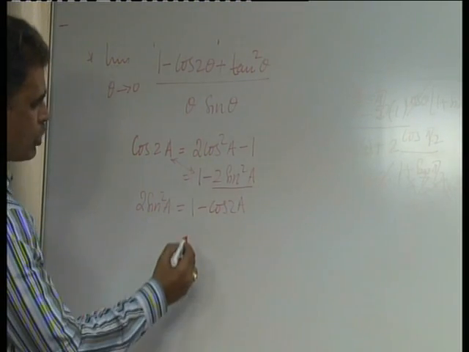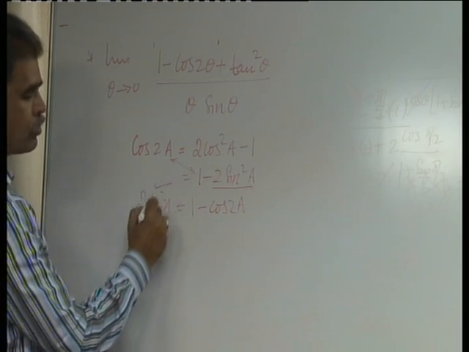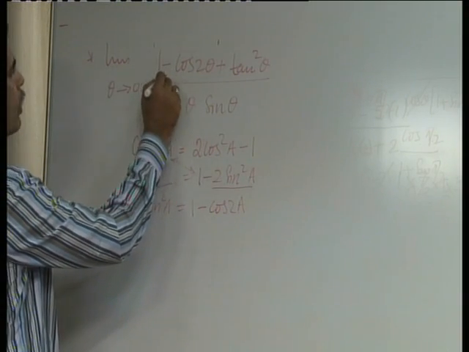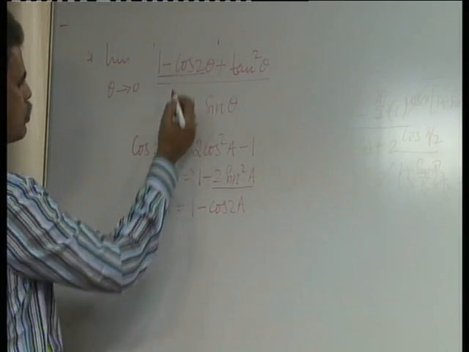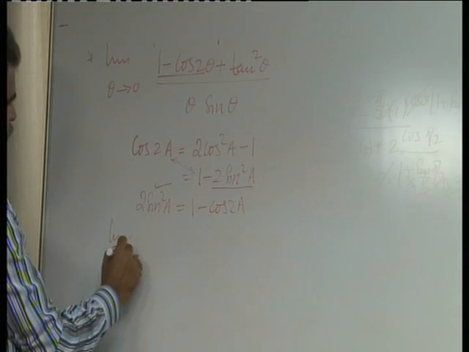So, wherever you have 1 minus cos 2a, you can take it as 2 sin square a. Based on that, you replace 1 minus cos 2 theta as 2 sin square theta.